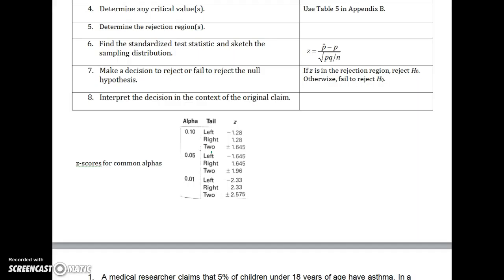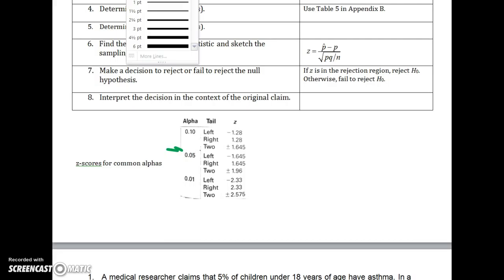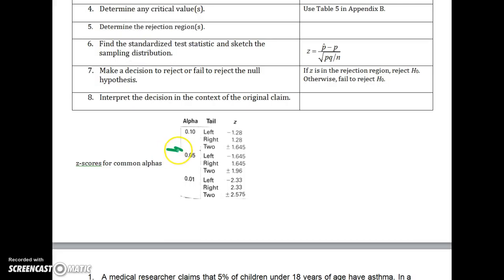So let's talk about this one just a little bit. If I'm talking about a 0.05 alpha, then for the left side, this part right here, the alpha is 0.05, and then the z-score would be negative 1.645.